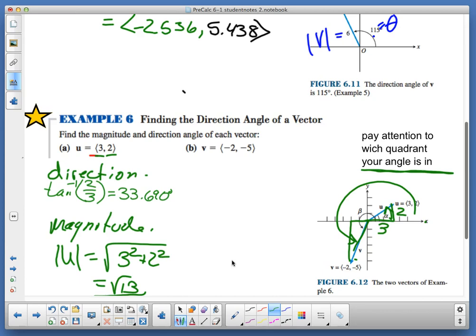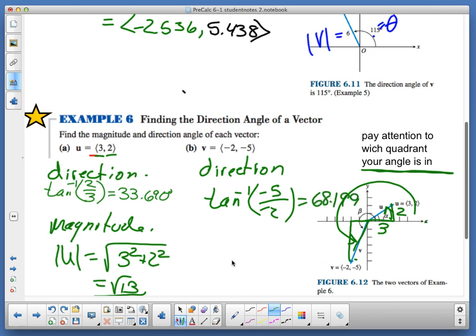And so we'll do direction first. So if I do my direction, I got the inverse tangent of B over A. So I got positive 5/2 as I've looked through this. Now that returns 68 degrees.